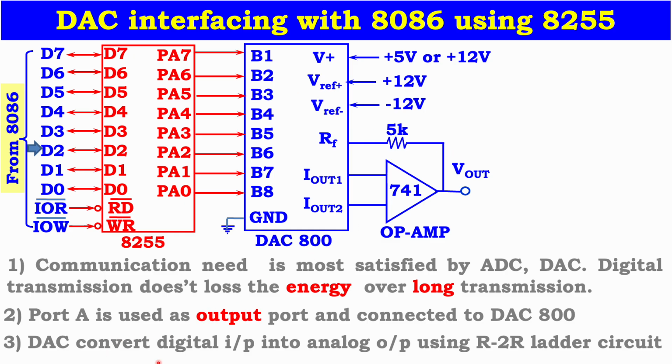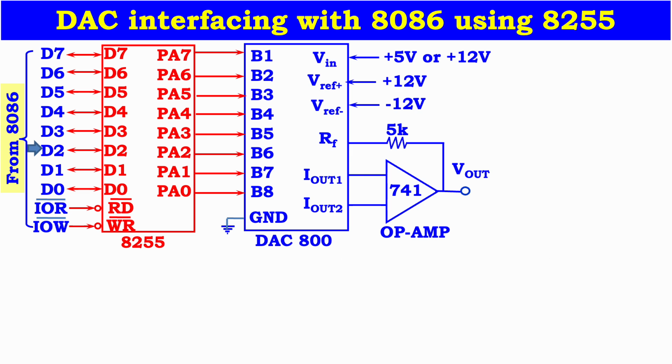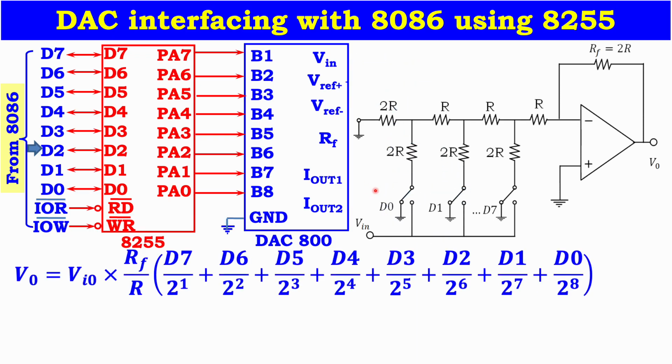The DAC converts the digital input into analog output by using one simple technique called an R2R ladder circuit. There are different techniques, such as the weighted resistance method and so on. Here I discuss how the digital input given to the DAC is converted using the R2R ladder circuit.